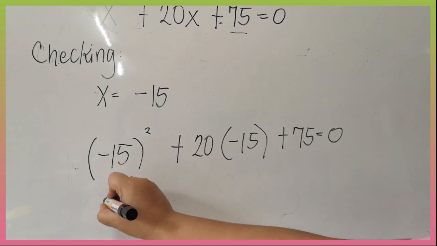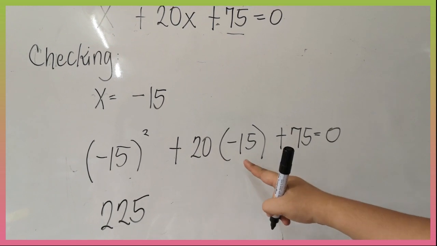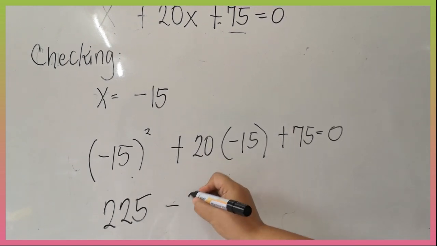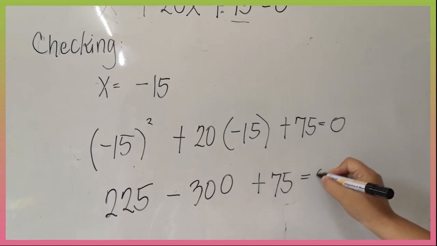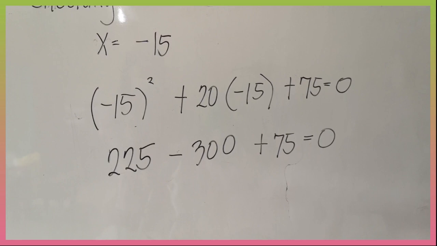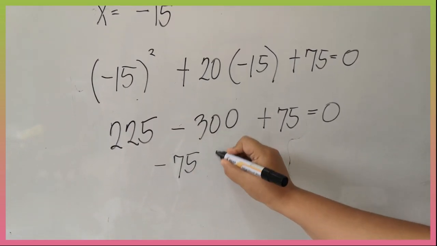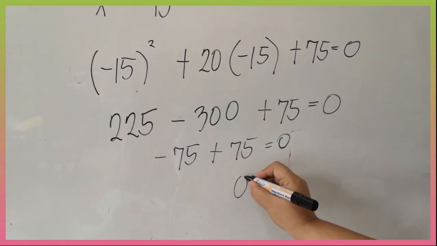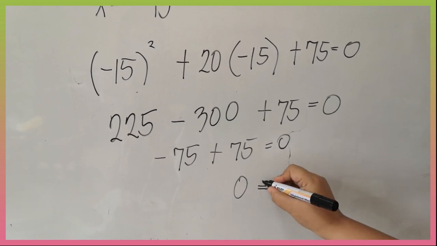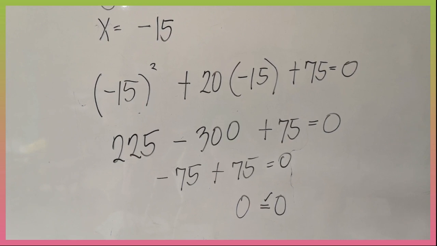Negative 15 squared is positive 225. 20 times negative 15 is negative 300 plus 75 is equal to 0. 225 minus 300 is negative 75 plus 75 is equal to 0. So we have 0 is equal to 0. Therefore, negative 15 is also one of the values of x.